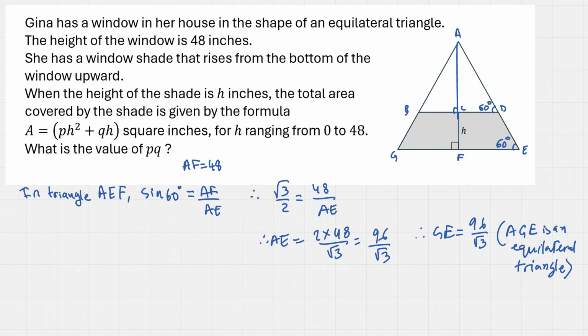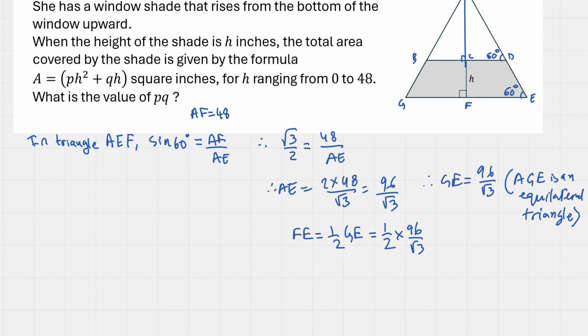So GE would be 96 over root 3, and FE is equal to half of GE, which is half times 96 over root 3, equal to 48 over root 3.